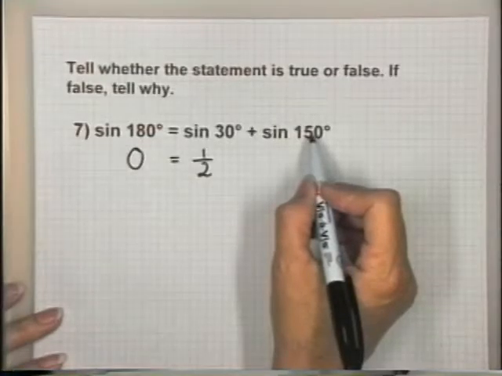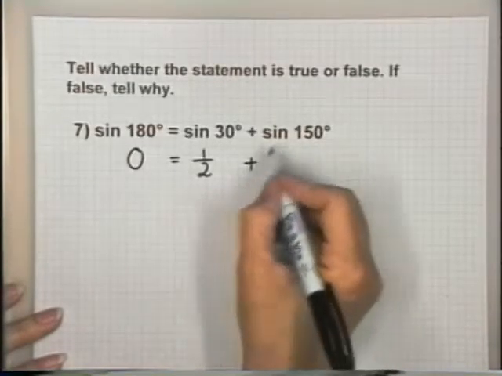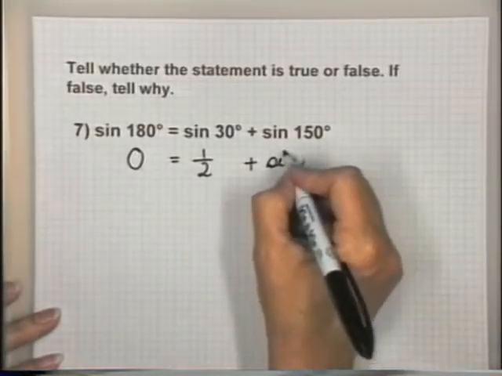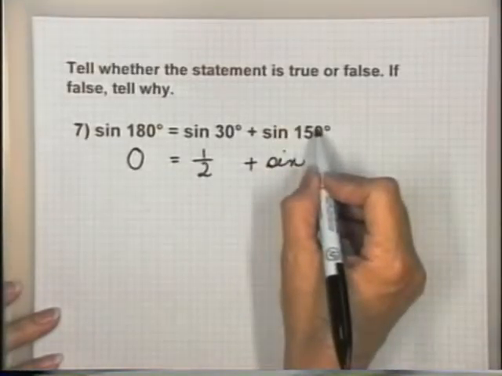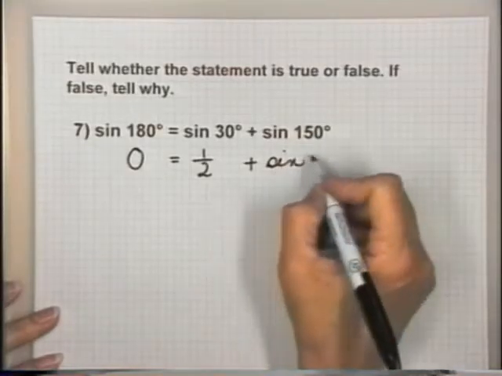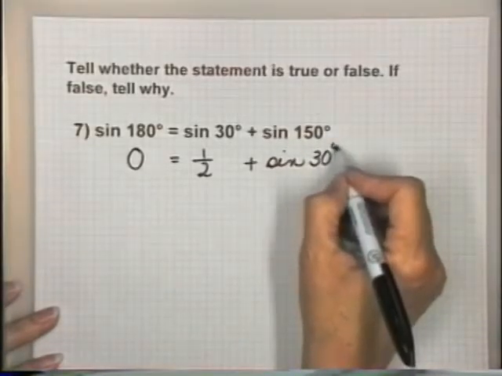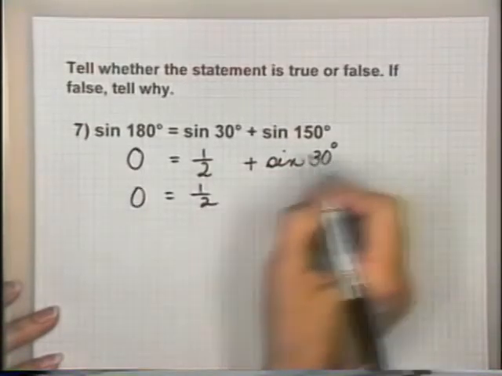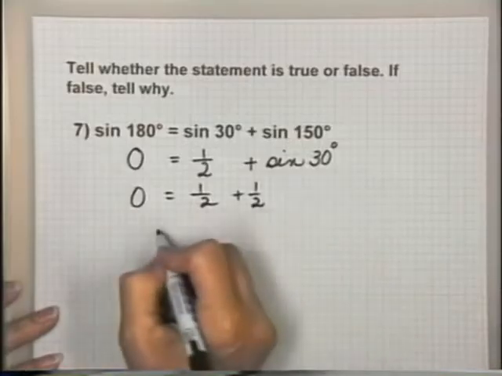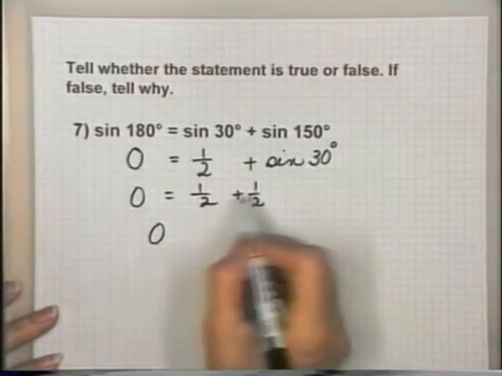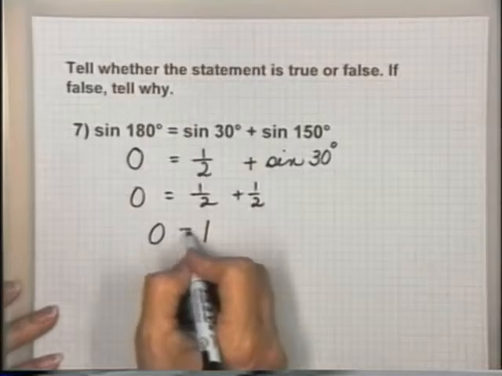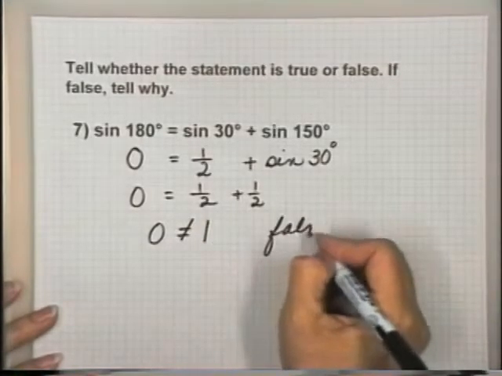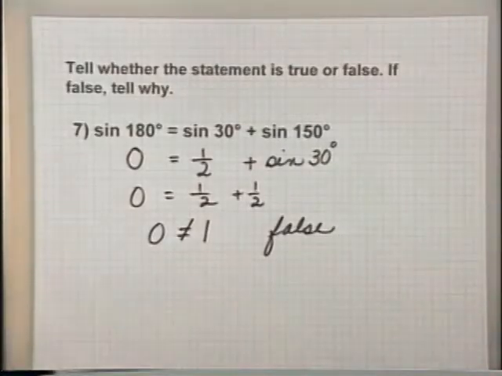Since 150 is a second quadrant angle, we know that the sine function of second quadrant angles is positive, so we're supposed to think that the sine of 150 degrees is the same as the sine of its reference angle, which is 30, and of course, we know that the sine of 30 is 1/2. Let's see, 1/2 plus 1/2 is 1. Does 0 equal 1? I don't think so. So this statement is false.